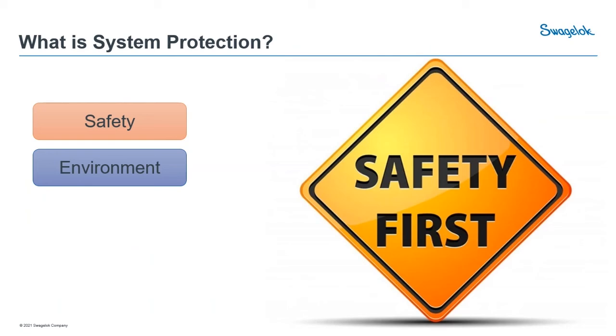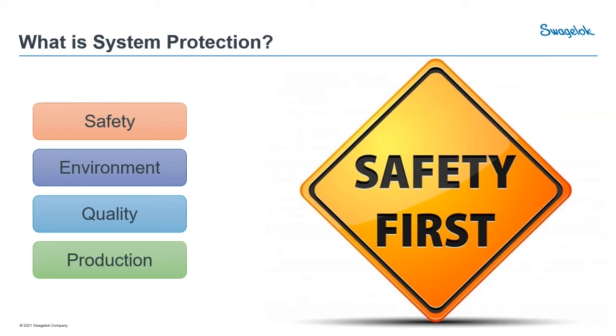We're going to talk about quality, protecting the quality of your upstream sources and your downstream end results, whether that's a commercial use product, test data, etc. And we'll talk about production as well, protecting your equipment, such as pumps, regulators, storage tanks, analytical devices, measurement devices, etc.